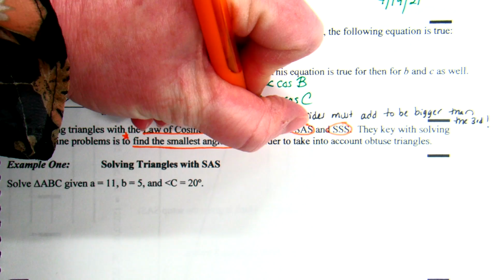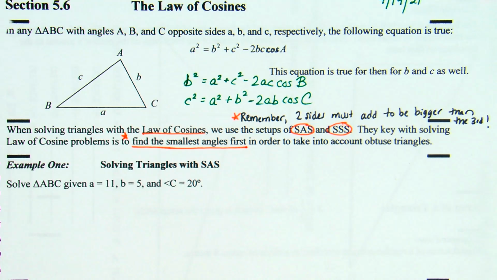It's just kind of how it's set up and works, because when I punch sine, cosine, or tangent on my calculator, it automatically gives me the acute angle. So if I'm supposed to be getting an obtuse angle, I'm not going to get it. And so that's why if there's an obtuse angle, that's when we're going to find it at the end because all three angles of a triangle add up to be 180. So key information there. We're always going to find the smallest angle first. I'm not going to say it will always make a difference, but it can make a difference in some of these problems, so good habit to be in.